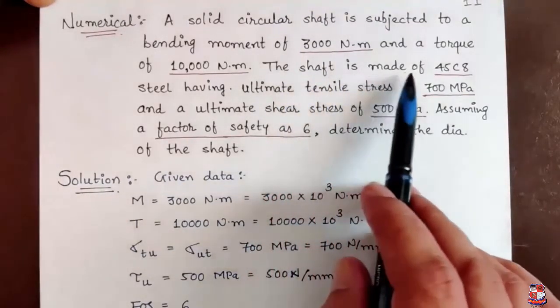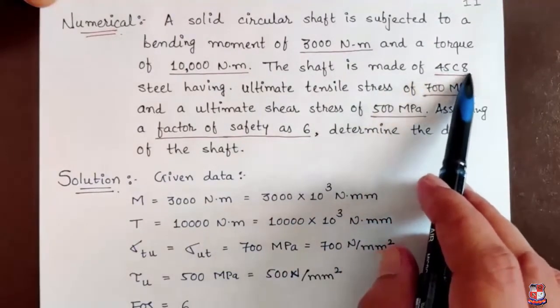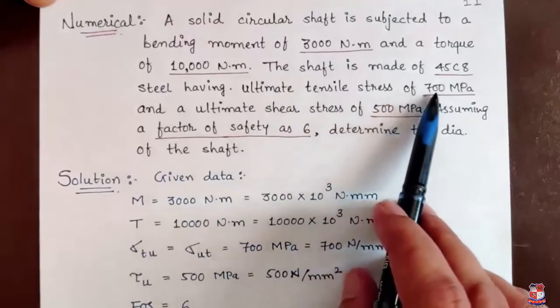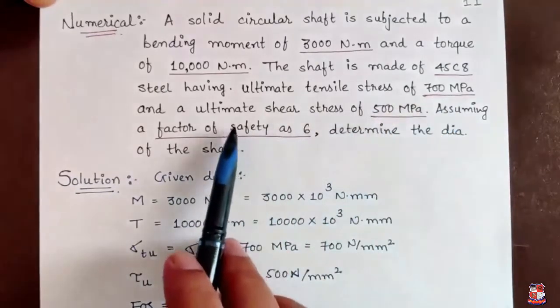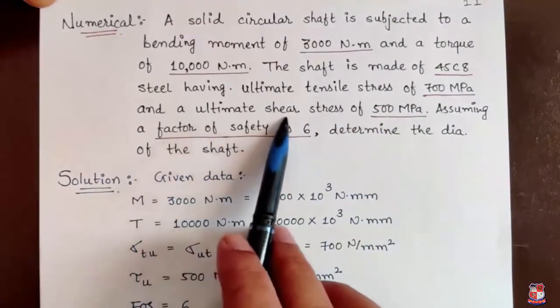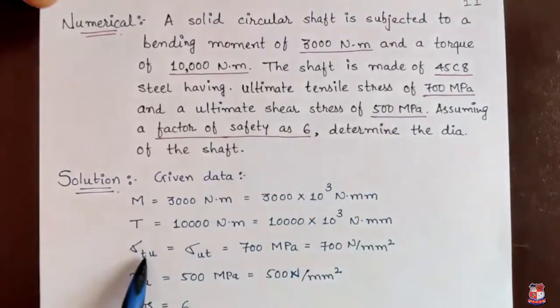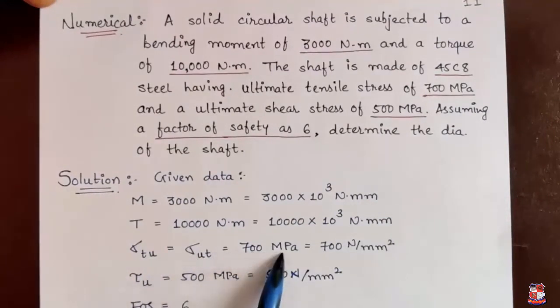The shaft is made of 45C8 steel having ultimate tensile stress of 700 megapascal and an ultimate shear stress of 500 megapascal. So sigma Ut is given as 700 megapascal.